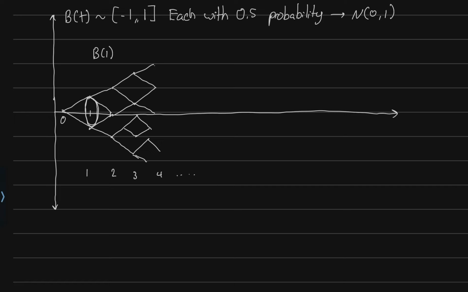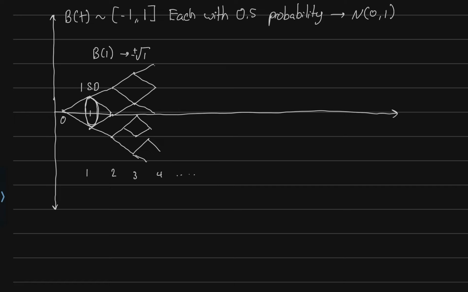So this happens with a 1 standard deviation, or 68% probability of B of 1. So my B of 1, I would stay between plus or minus square root 1.